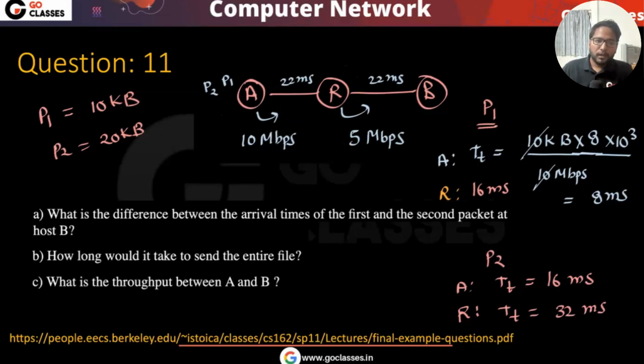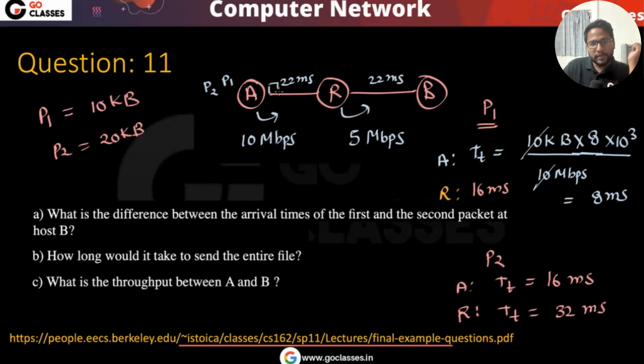Now, how much time will it take for P1 and how much time will it take for P2 to reach B, and what is the time difference in arrival times? See, 8 milliseconds it will be taking from A, and this packet P2 is 8 milliseconds behind packet P1.